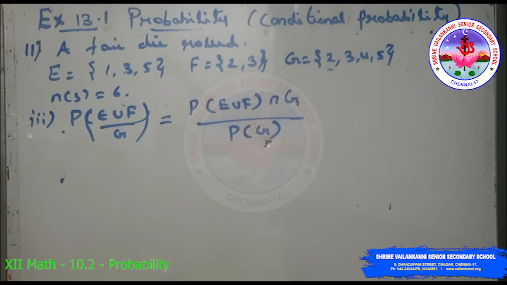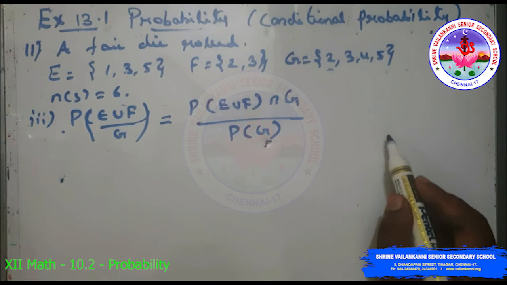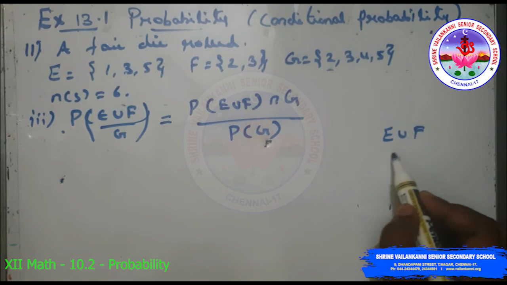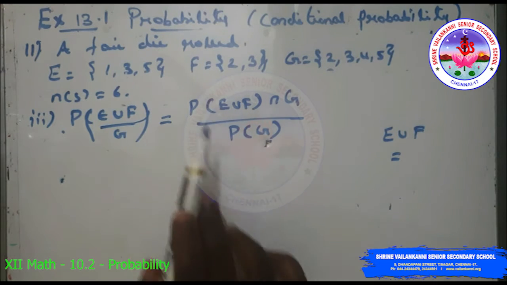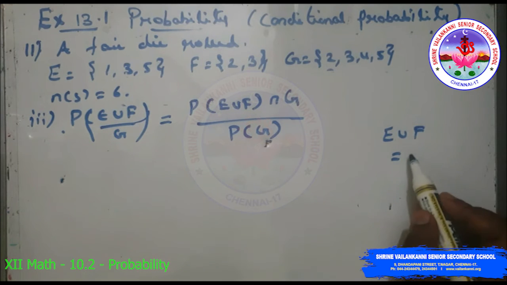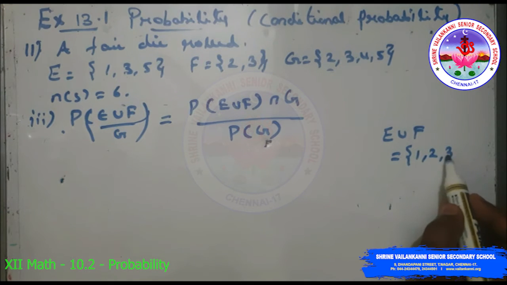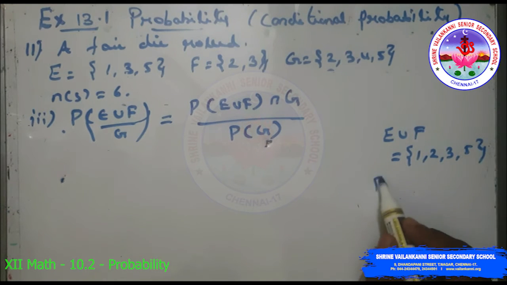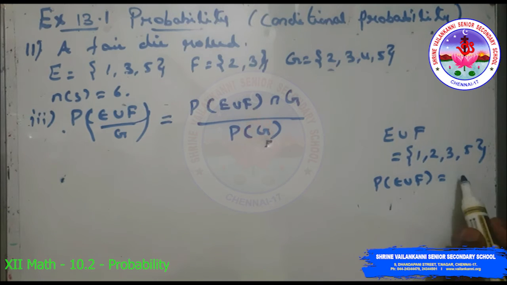First we have to find E union F, writing all the elements in E and F. So 1, 2, 3, 5. So P(E union F) is 4 by 6.